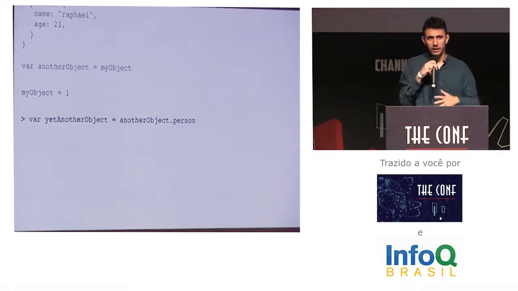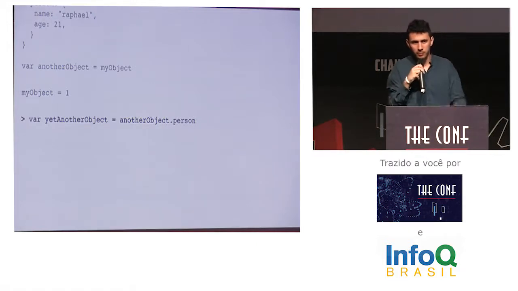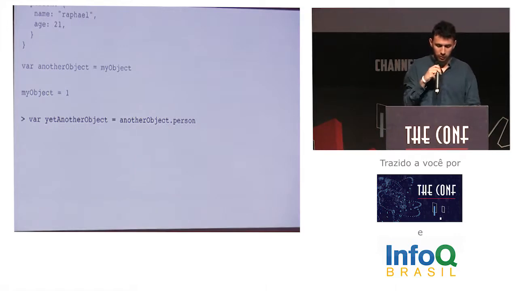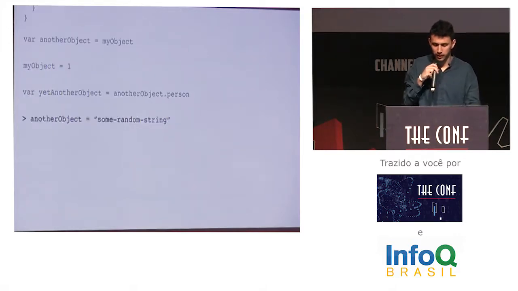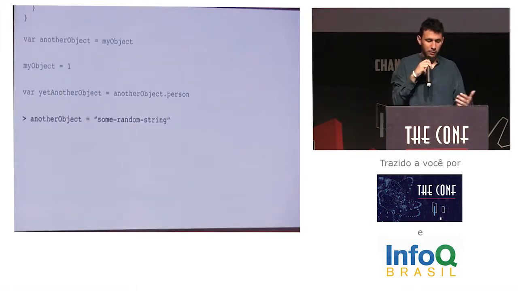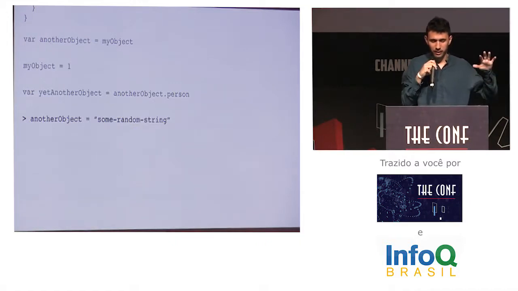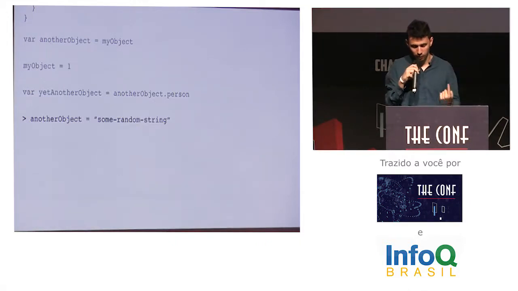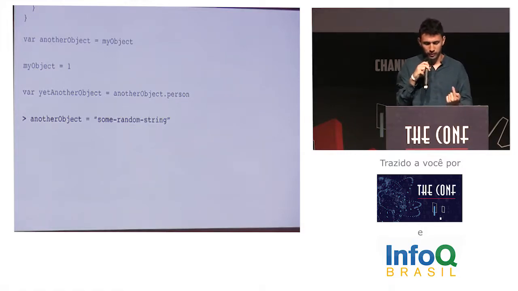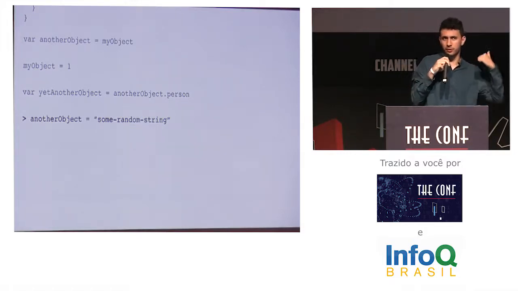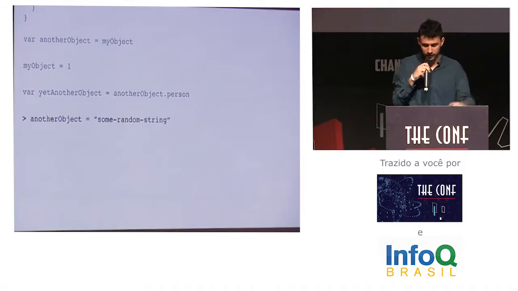My object, again, cannot be collected by the garbage collector. So we have 2 references for my object. Now I change the value of another object to a string. The counter decreases because we have only 1 pointer to my object previously defined, the first object defined.